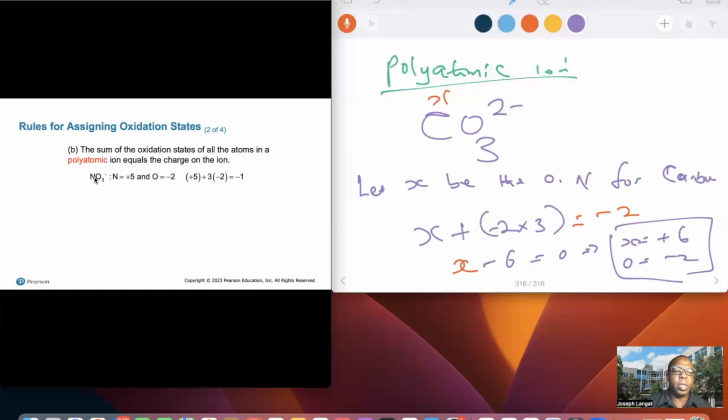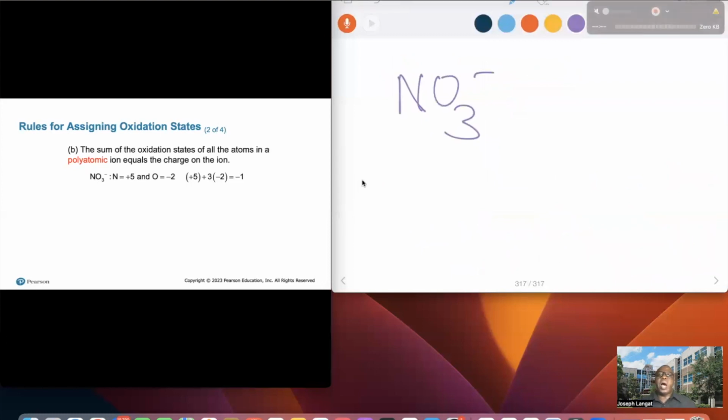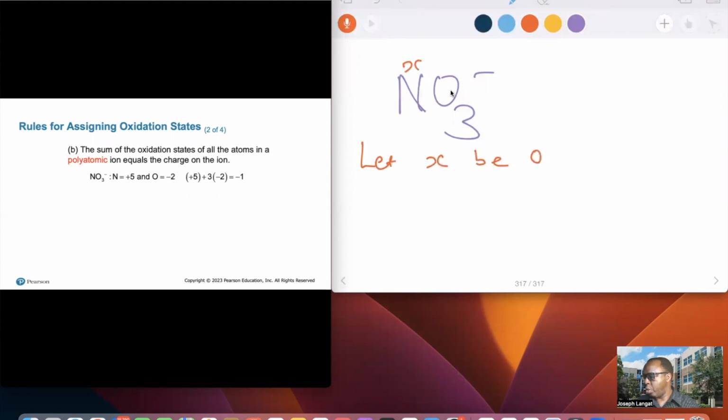So if you look at nitrate, NO3 negative, I'll show you what is happening. The element from the right, the oxygen, takes first priority. Let X be the oxidation number for N, that is nitrogen.